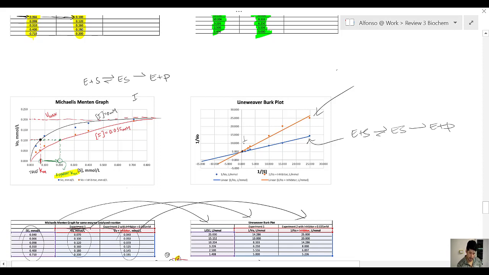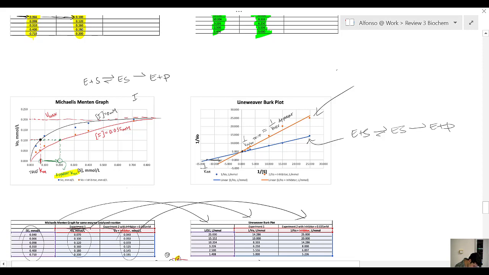So look at the Vmax. The 1/Vmax is about the same. So 1/Vmax true is approximately equal to 1/Vmax apparent. Remember, the apparent value is the value in the presence of the inhibitor. And this right here is our -1/Km.